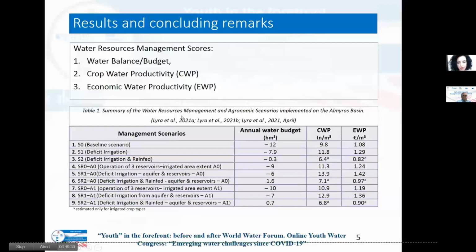The summary of the water resources management and agronomic scenarios implemented in the Almiros Basin show that the annual water budget is significantly improved in the scenarios where the reservoirs exist and operate, and the crop water productivity is also increased in the deficit irrigation scenario, and the economic water productivity is also increased and scores the best results in the deficit irrigation scenarios.